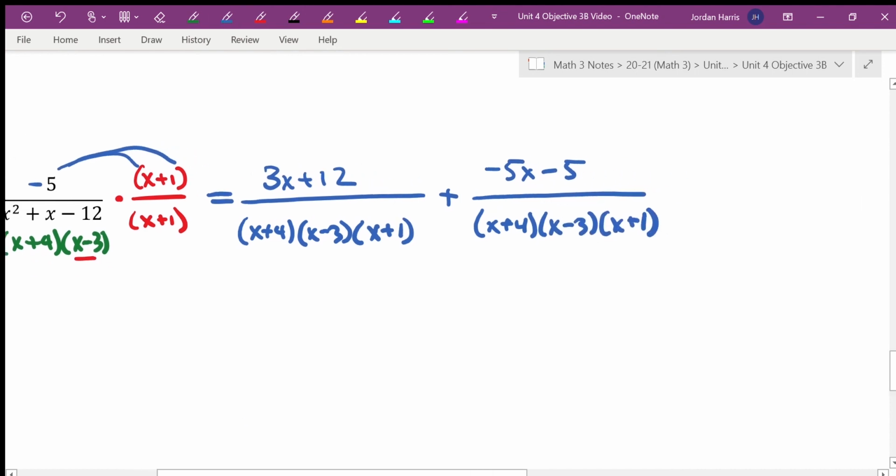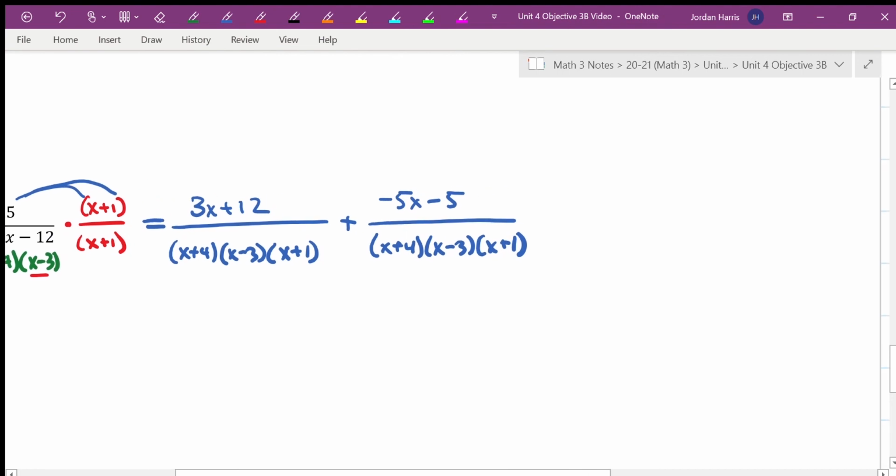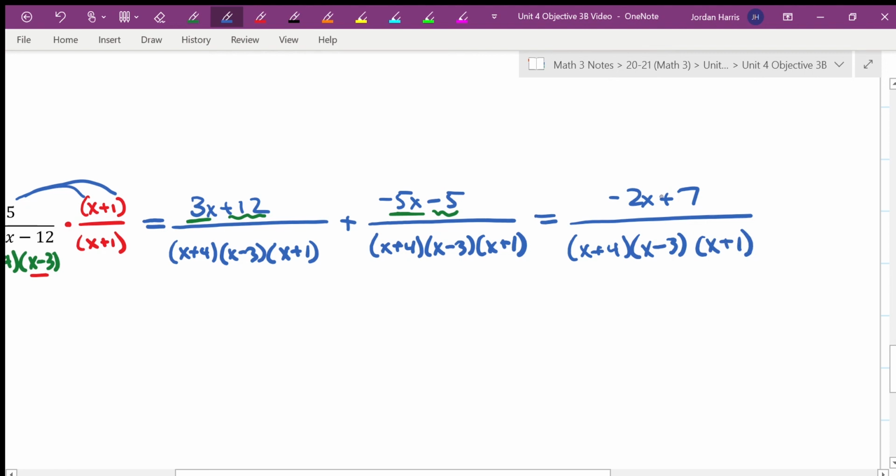We have common denominators now. That means we can combine the tops. So 3x minus 5x is negative 2x. And I have 12 minus 5, which is positive 7. And then x plus 4, x minus 3, x plus 1. Always check, can I factor anything? Nope. Nothing matches, so nothing simplifies. And there we have it.